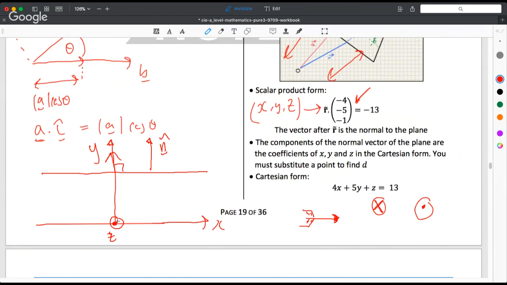Right. If a point is on this plane, it's got some position vector like this. I can redraw the normal down here, which might make it easier to see. If a point's on this plane, then r dot n equals some number.